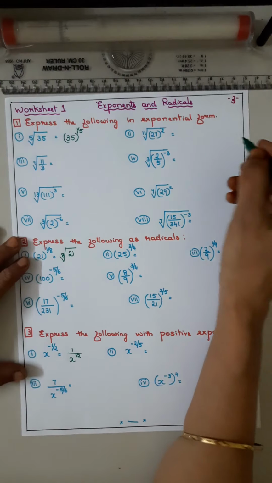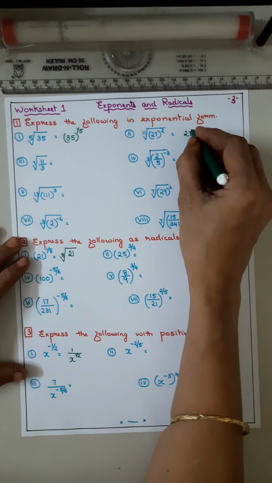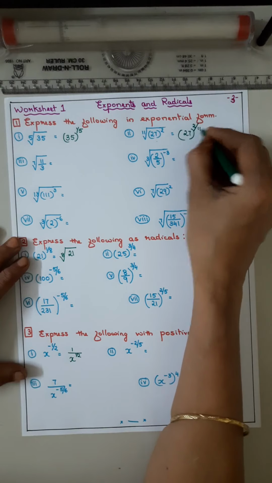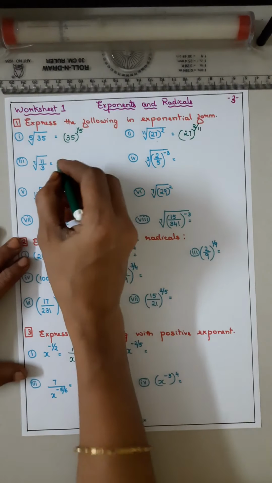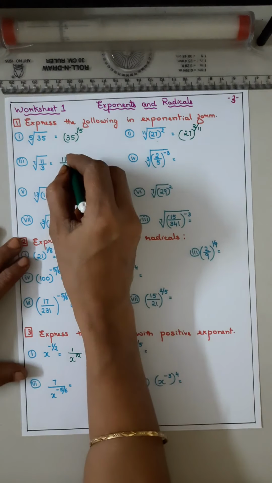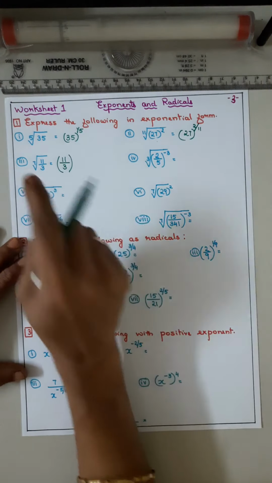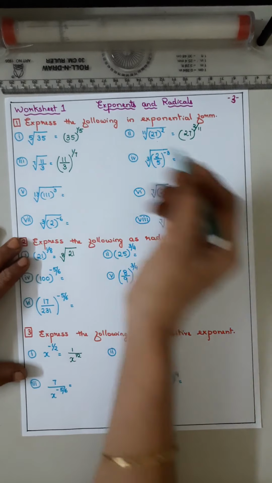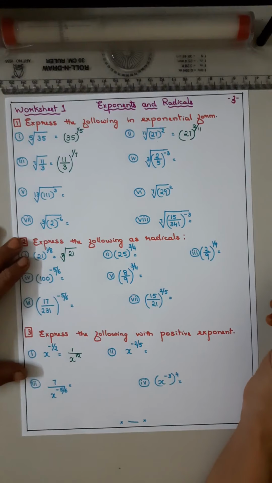How will you write? 27 in a bracket, power 2/11. Now here the base is 11/3, power is 1 and the index is how much? 7. So 11/3 the whole power 1/7.